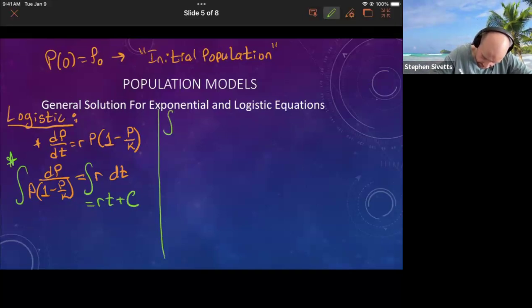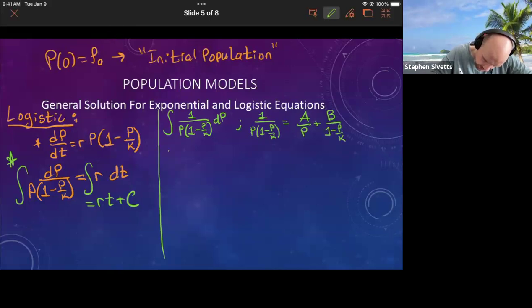So we'll have 1 over p times 1 minus p over k dp, and by partial fractions this would equal A over p plus B over 1 minus p over k.